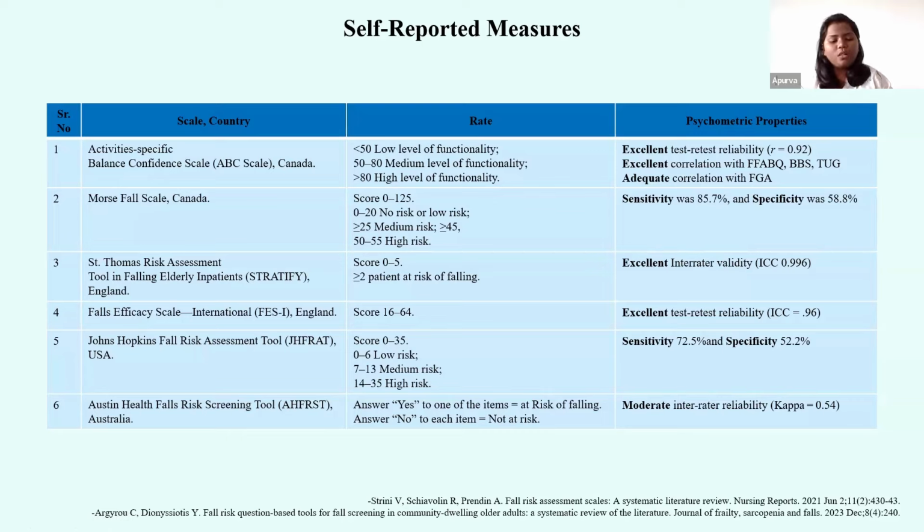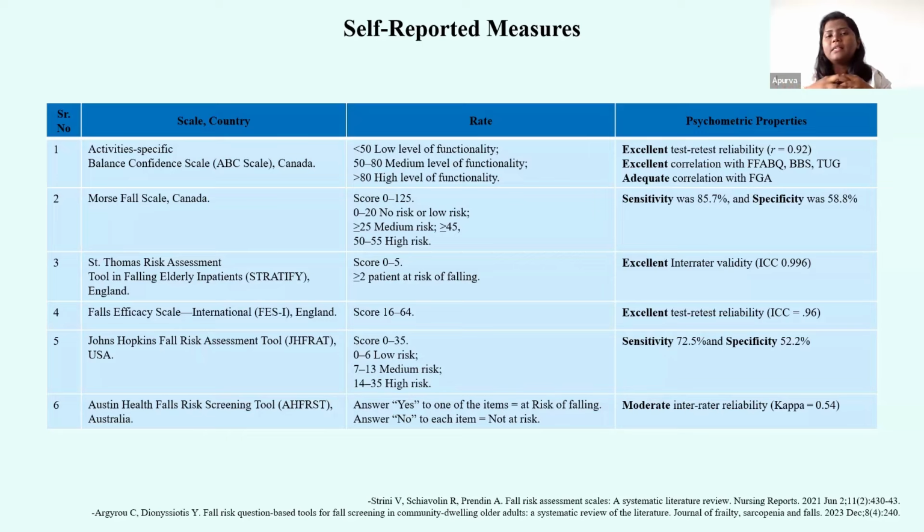What we learn out of all these assessment tools is that if you want to assess your predictors of fall, the primary tools that we will be using remain your gait speed and your Timed Up and Go test. While if you want to assess an individual component, say balance or gait or cognition or any other, you will go for a specific scale, for example the Berg Balance Scale or Mini BESTest or DGI or MoCA.